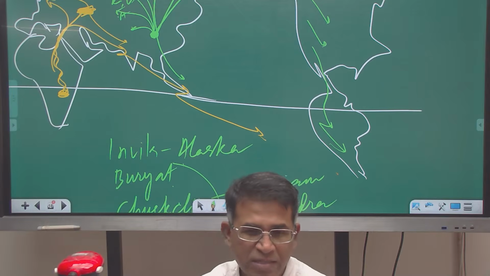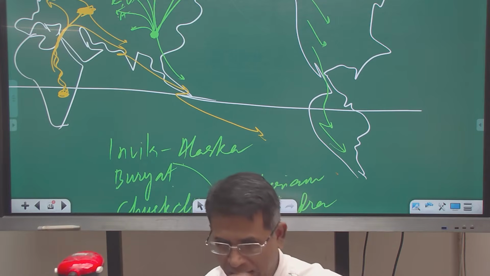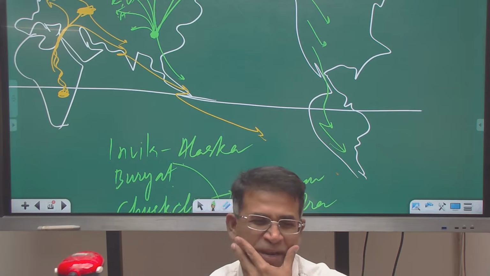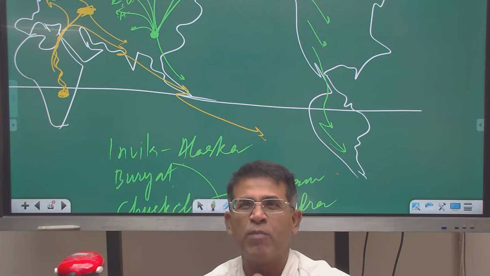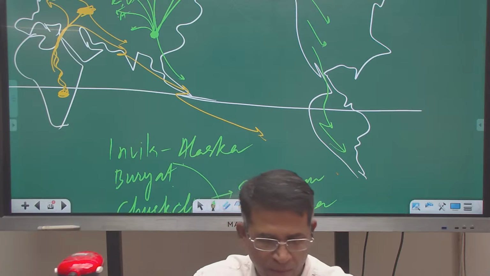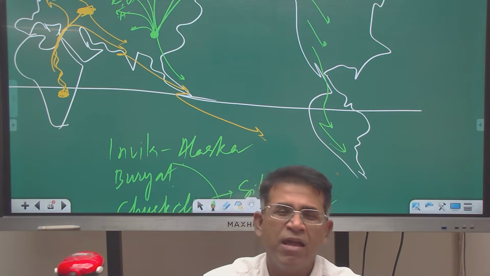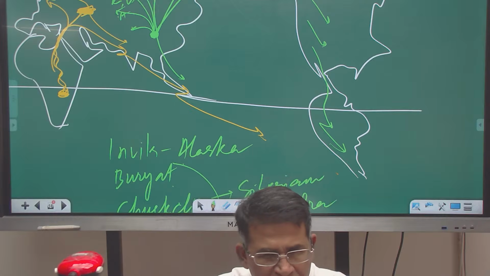Okay. So how does the population evolve and how do they spread? Put a star mark and write down. The evolution and the spread of human population is an interplay of a man-environment relationship.